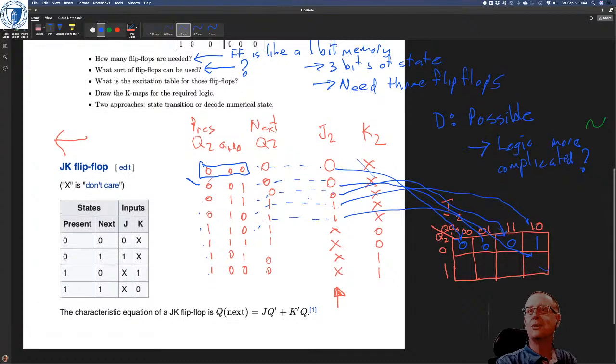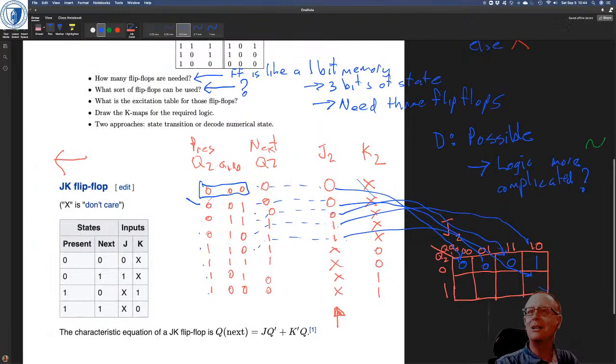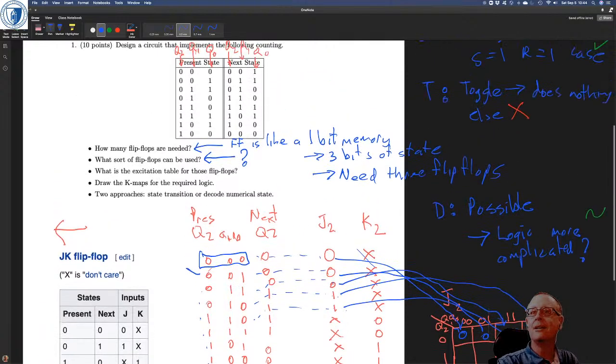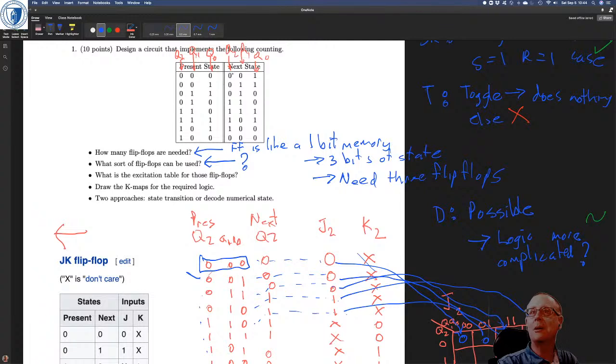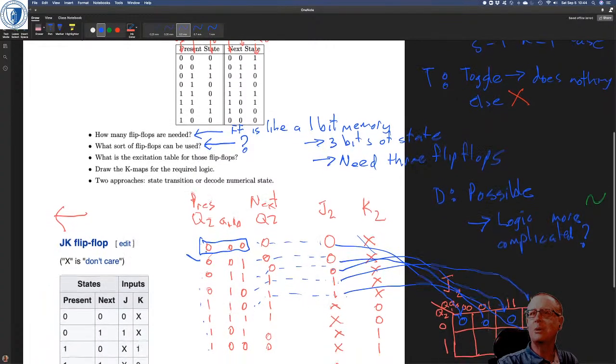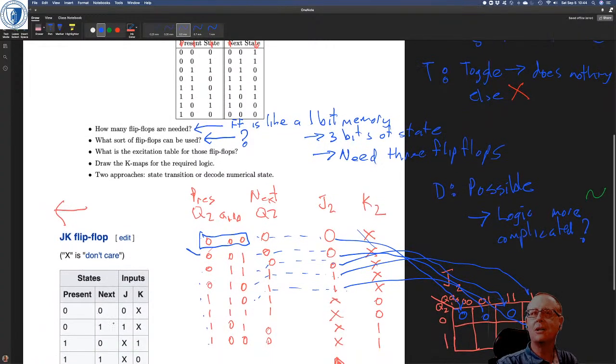I should have drawn a table and tabulated it so it lined up. Let's see what's happened. We want to go from 0 to 0, and that's a 0, 0 to 1, and that's a 1.